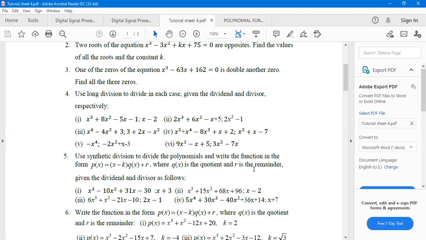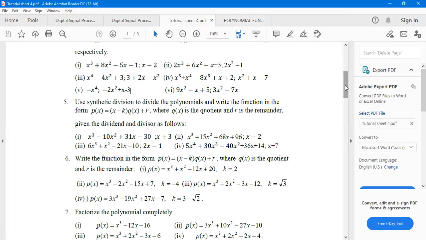So question 5 is particularly asking us to use synthetic division. It says use synthetic division to divide the polynomials and write the function in the form px is equal to x minus k multiplied by q plus r, where q is the quotient and r is the remainder, given the dividend and the divisor as follows.